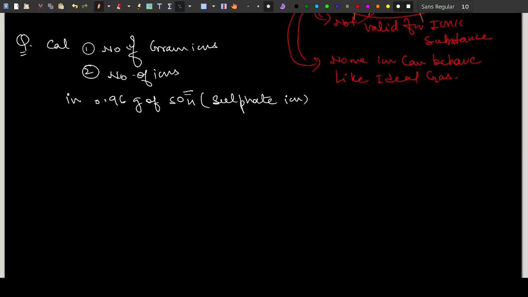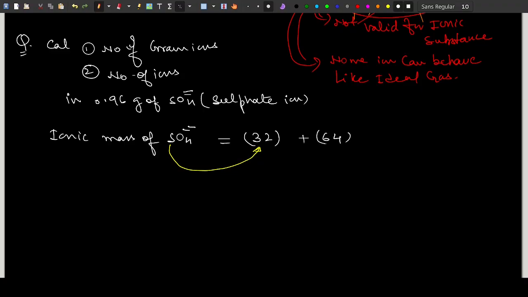So dear friends, first the ionic mass of SO4 minus 2. Here 32, it is for the sulfur, and after this 64, or I can write here this as 4 into 16, and this is for the oxygen.